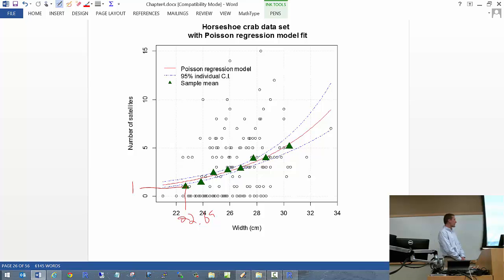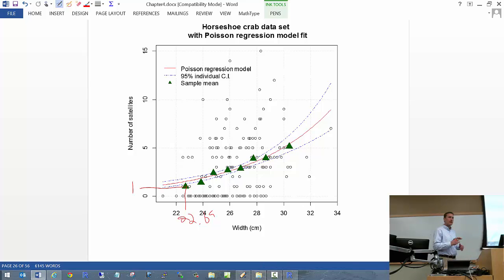It seems like the red line going through, roughly speaking, the middle of those points is not perfect, but it seems to be relatively okay. Now, like I said, in section 5.3, we will find a problem with this model. So stay tuned for that. But at least using this ad hoc procedure here, it seems okay.